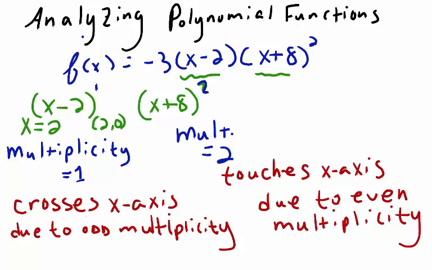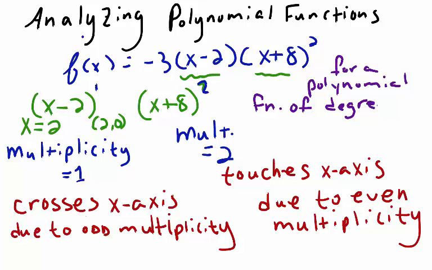For a polynomial function of degree n, the maximum number of turning points on the graph is at most n minus 1.